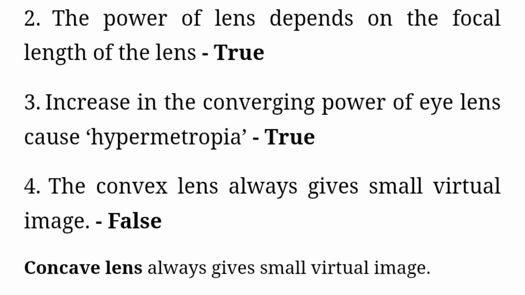The statement is true. Third one, increase in the converging power of eye lens cause hypermetropia. The statement is true. Fourth one, the convex lens always gives small virtual image. The statement is false. Concave lens always gives small virtual image.